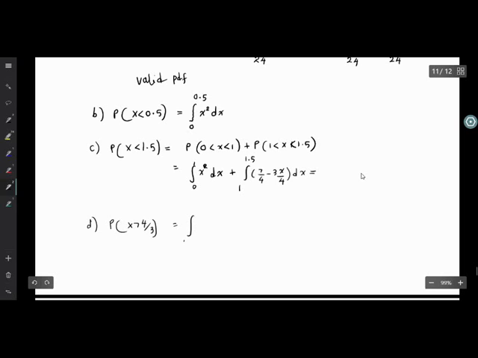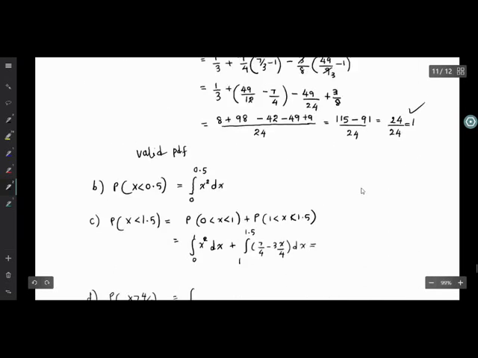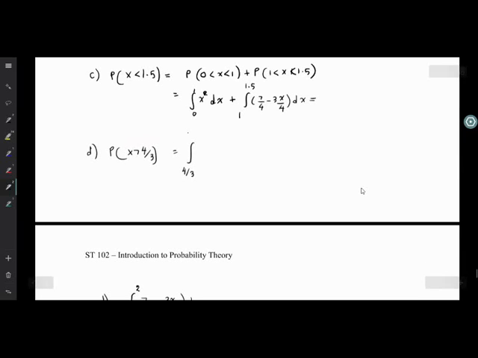So I have to integrate 4 over 3 all the way up to 7 over 3. That is the upper limit. You integrate up to plus infinity, but from 7 over 3 up to plus infinity, it's 0. So you go up to the upper limit of the support.